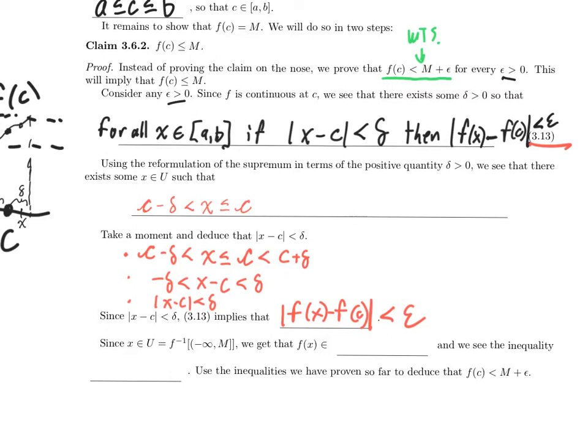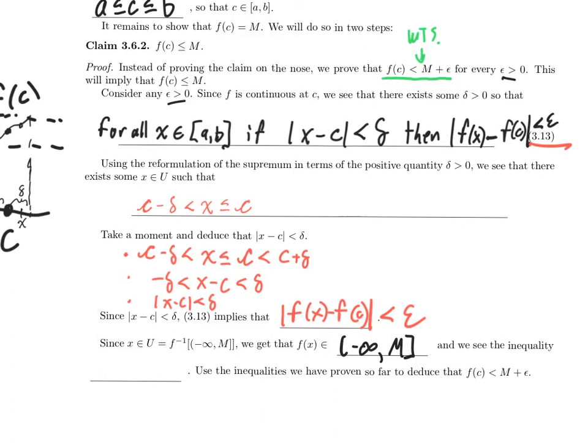But remember, this x value is in U, which is the pre-image of negative infinity to m. So if x is in the pre-image of negative infinity to m, it follows that f of x is in negative infinity to m. And so what inequality do we get?